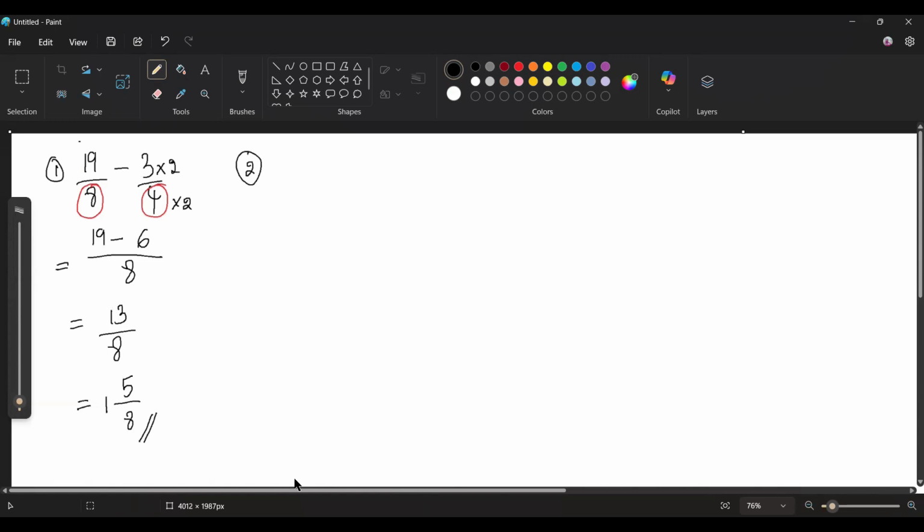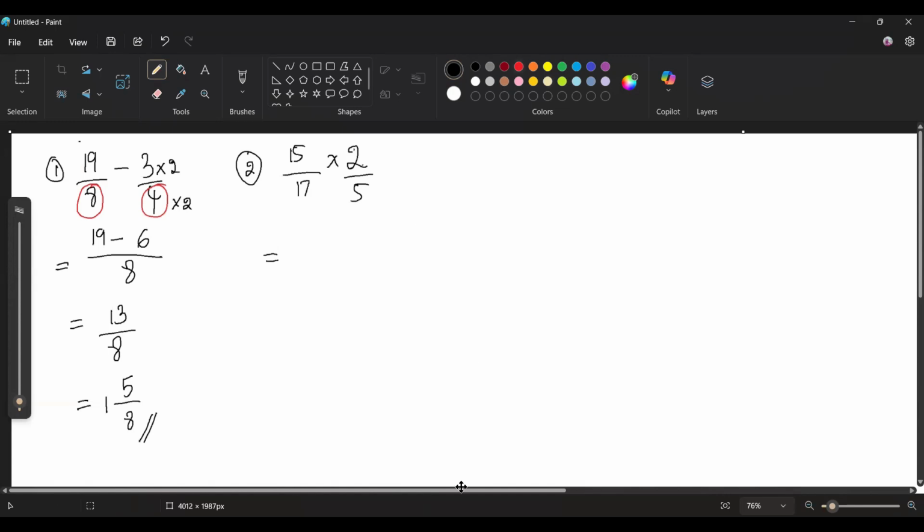Next one, 15 over 17 multiply 2 over 5. I already did that one, no? Yes, 2 over 5, not 3 over 5. When you have this kind of question, you can cancel numerator and denominator.